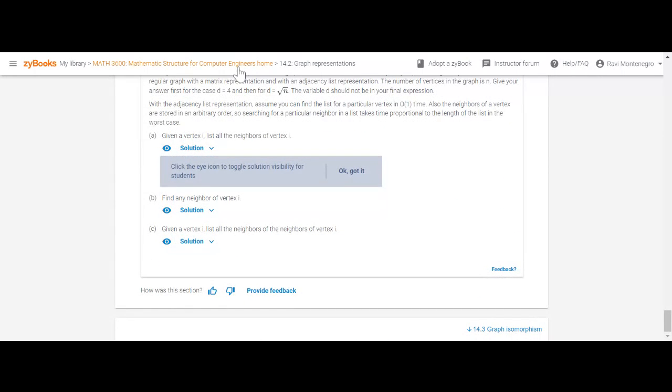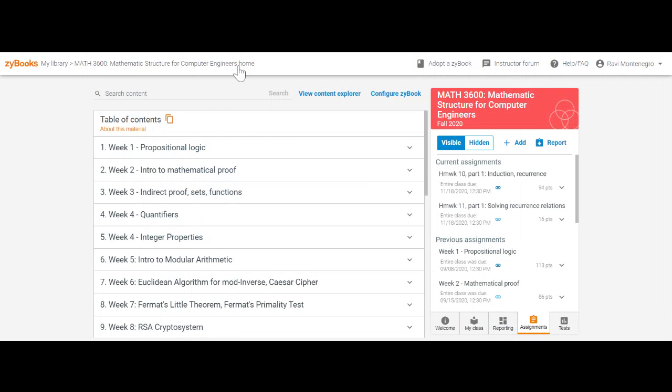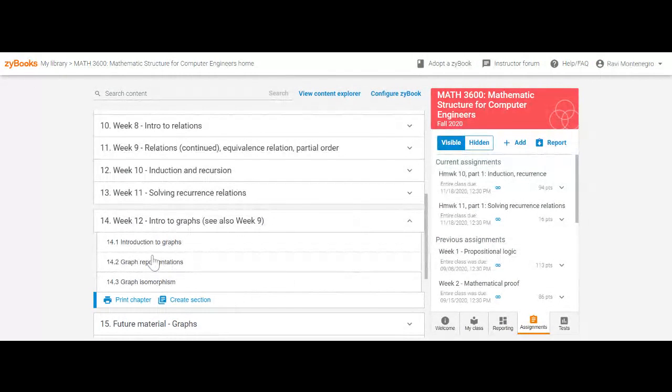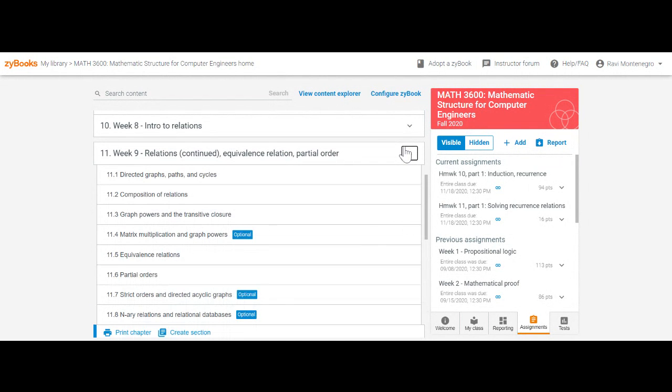So let me backtrack at this stage and look at some earlier examples of graphs that we saw. You'll notice that the title of the section in the book says Intro to Graphs, and see also week 9. Back in week 9, we had directed graphs and graph powers, also some matrix multiplication, which we didn't look at.